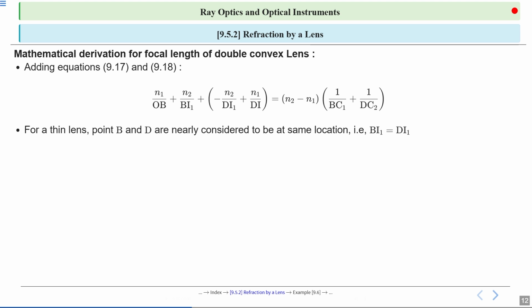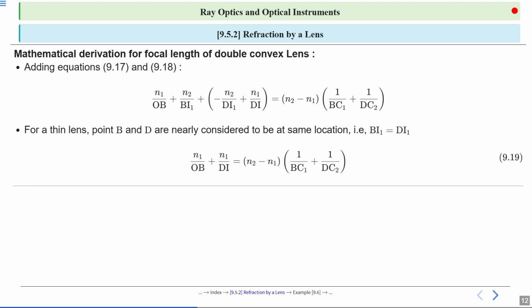So in place of BI1, we put DI1, and it becomes N2 upon DI1 and minus N2 upon DI1, so these two terms get cancelled out. It becomes N1 upon OB plus N1 upon DI equal to N2 minus N1, 1 upon BC1 plus 1 upon DC2, marked as equation 9.19. Now we'll put the values according to sign conventions of OB, DI.